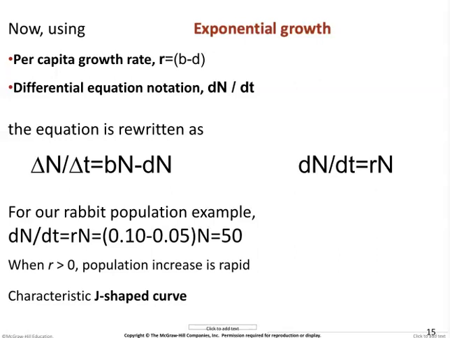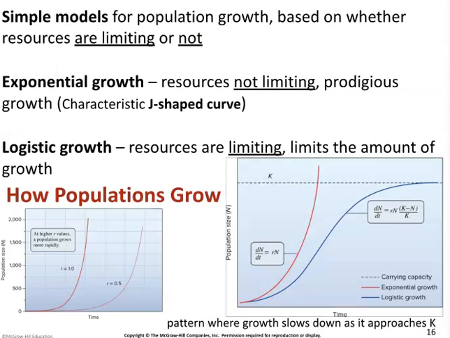So if r is greater than 0, our population will be increasing, and in this case, it's increasing very rapidly. The characteristic curve that forms is a J-shaped curve. So you can see that the exponential growth is J-shaped. Exponential growth curves look like J's.